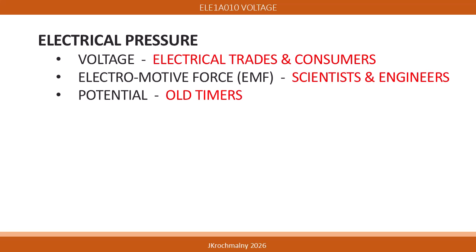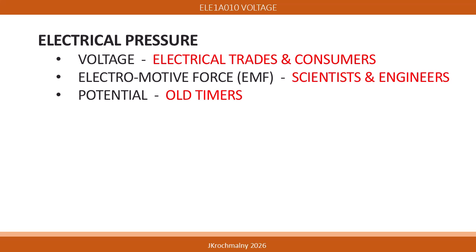When people purchase batteries, they buy according to voltage or electrical pressure. Scientists and engineers use the term EMF, which stands for electromotive force. Old timers who may have learned the electrical trade from other old timers may use the term potential.